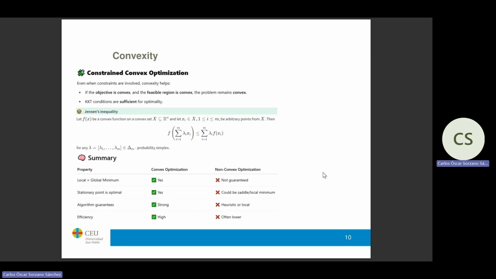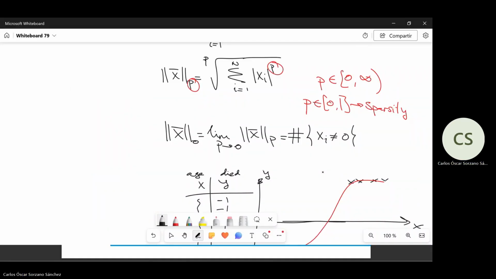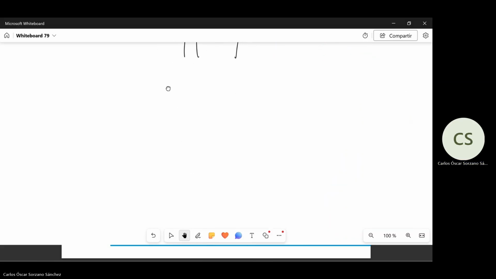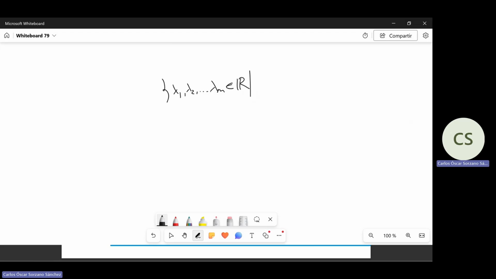And these lambdas are in the probability simplex. So the probability simplex is the set of lambda 1, lambda 2, ..., lambda n in R such that the sum of all of them is equal to 1.